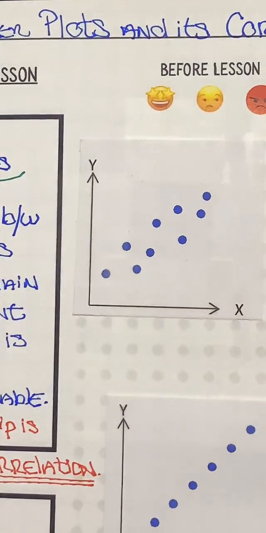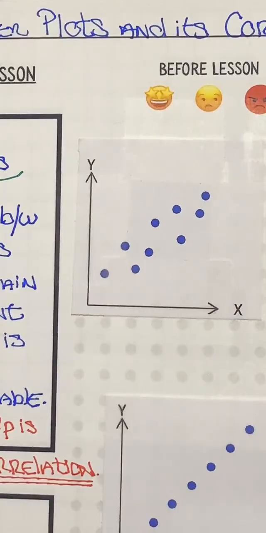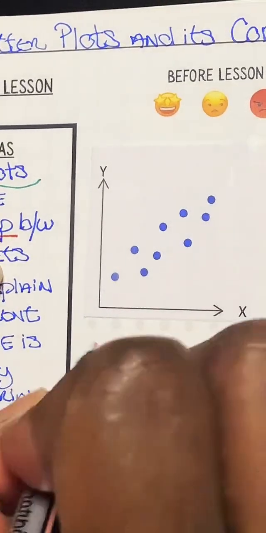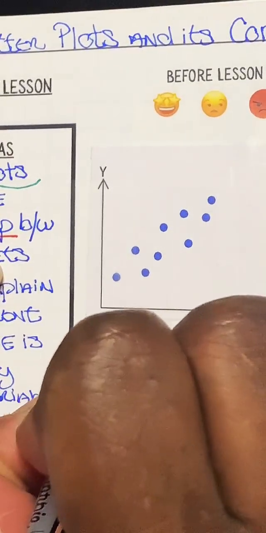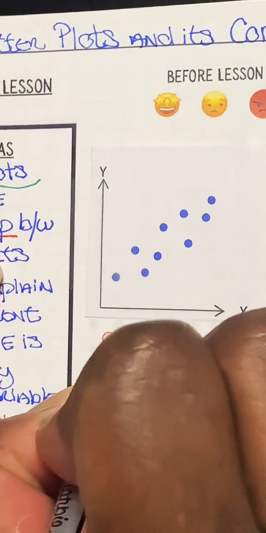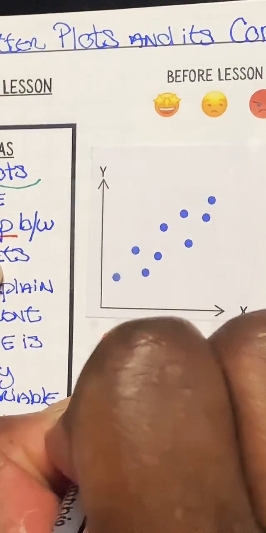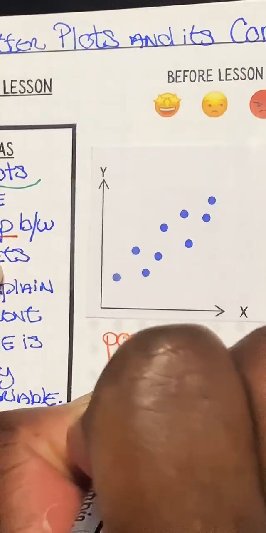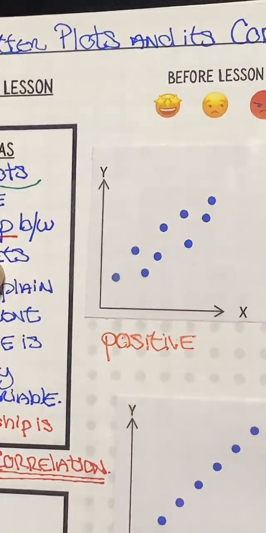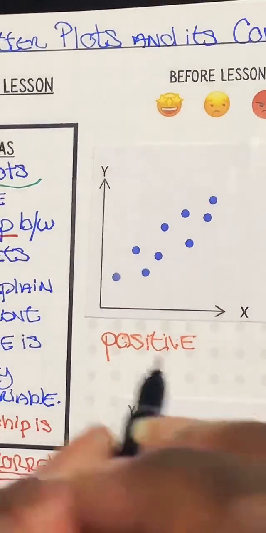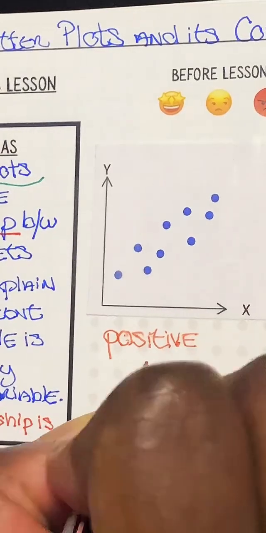All right, so not a problem. This is what's called a positive correlation.